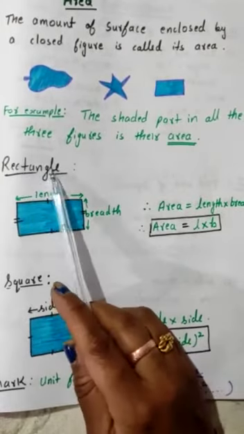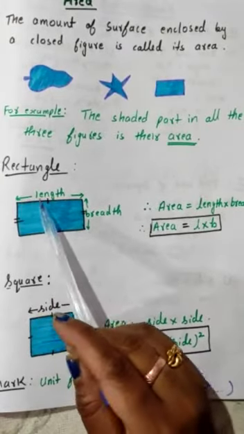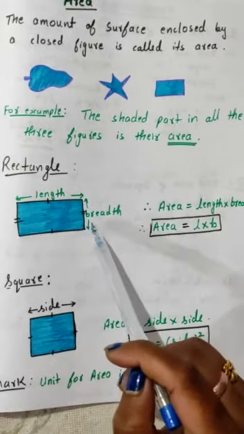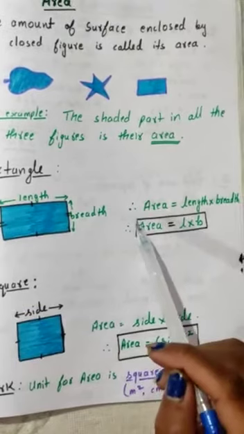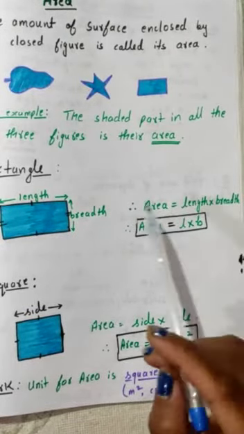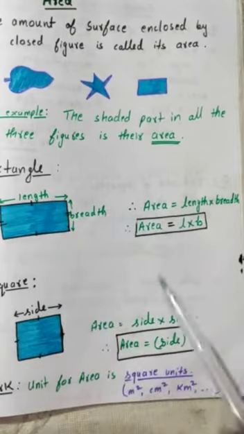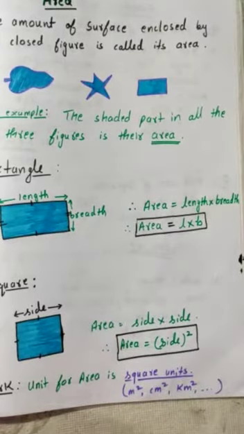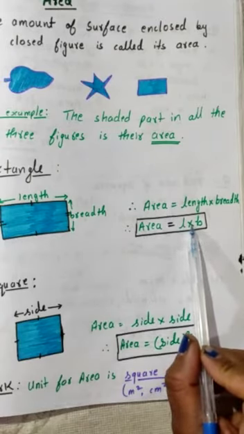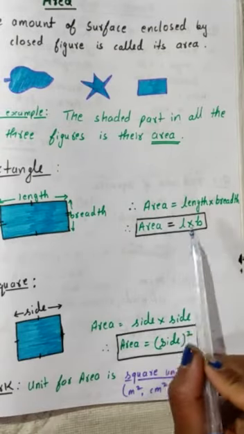First of all, rectangle is having two dimensions. Length, longer side is called length and the shorter side is called breadth. So when you are calculating its area, area will be length into breadth. We are writing length by L and breadth by B. So the area will be L into B. Okay, so this way you can write area is equal to L into B.